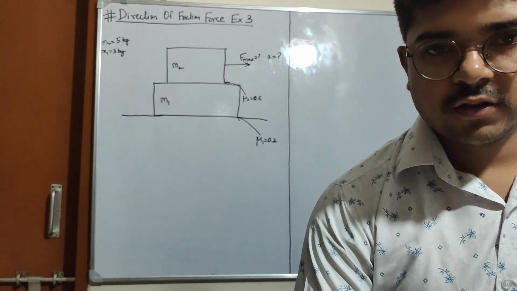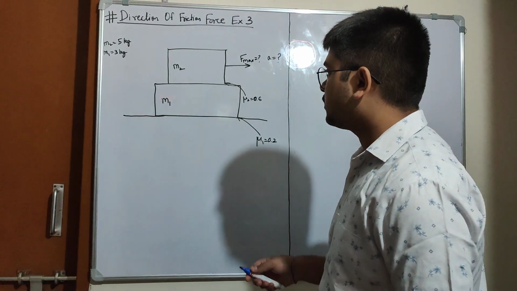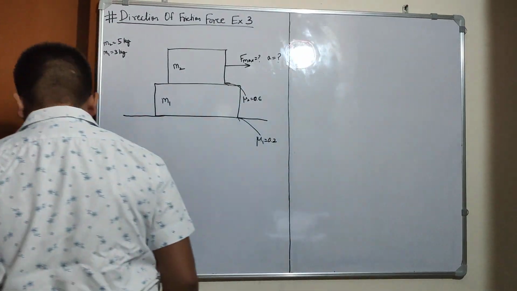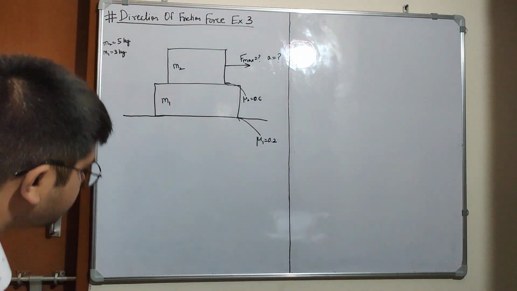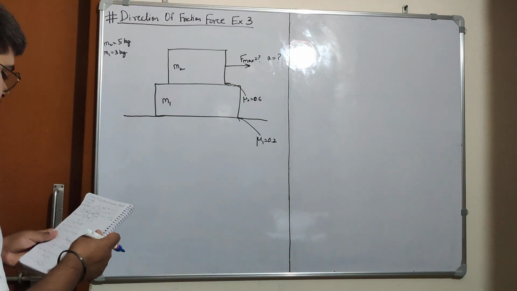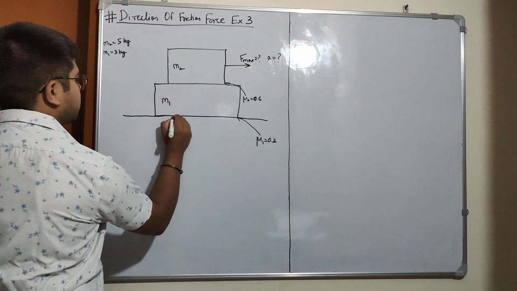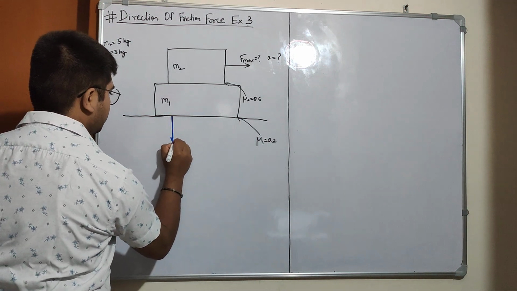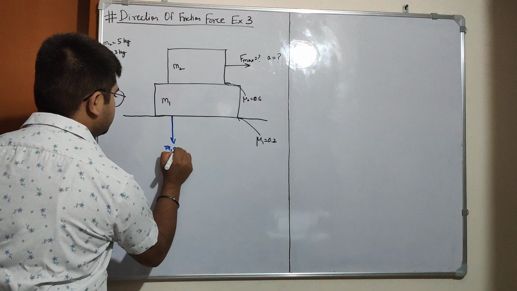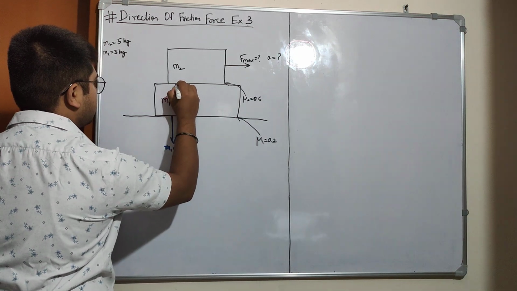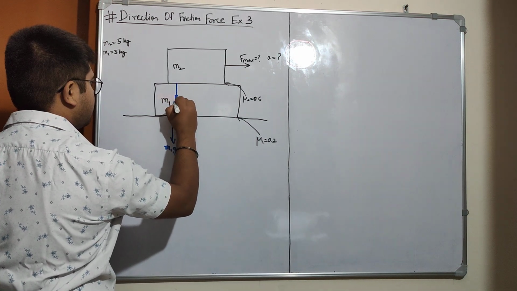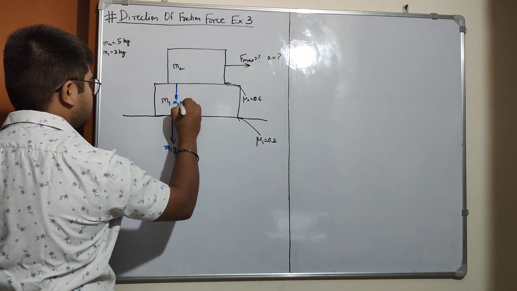So I will first draw the free body diagram of this. We'll have the weight of the objects, M1G and M2G.